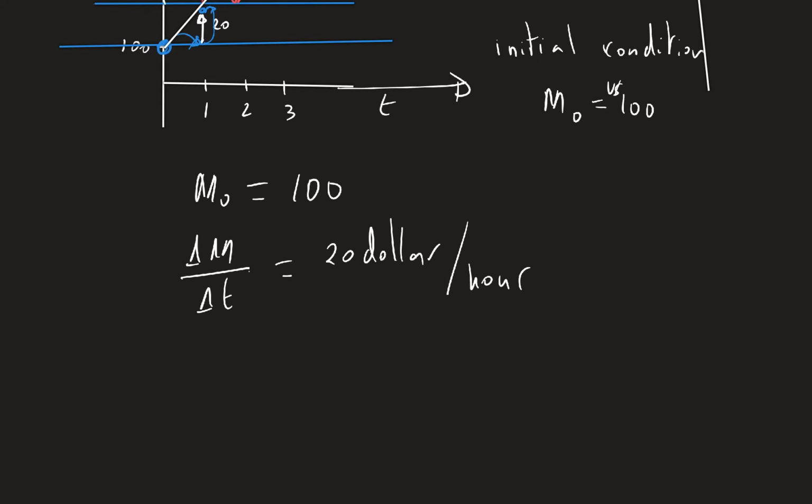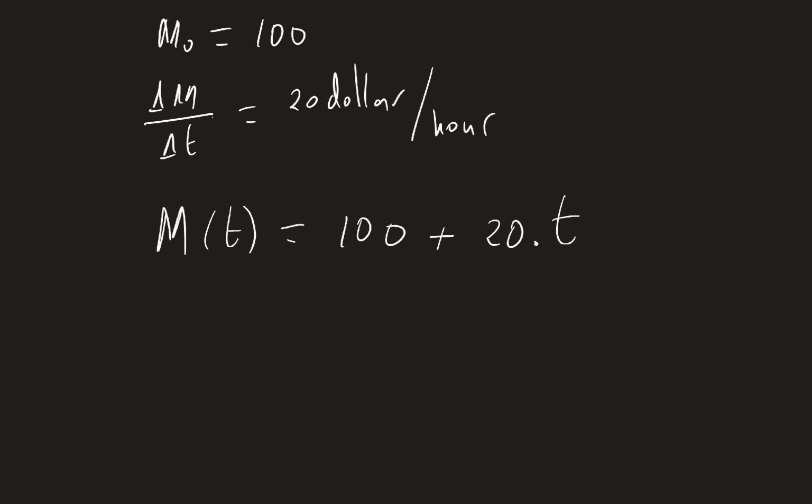The equation is that the money that you have at time t will be the money that you start with, the 100, plus the change in your money. The change in your money is 20 times t. Let's check this equation. M of 1, your money after 1 hour, will be 100 plus 20 times 1.